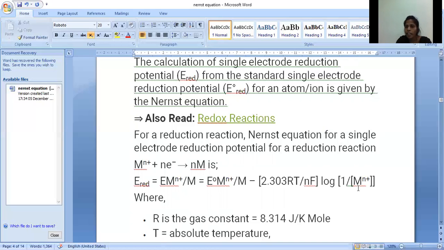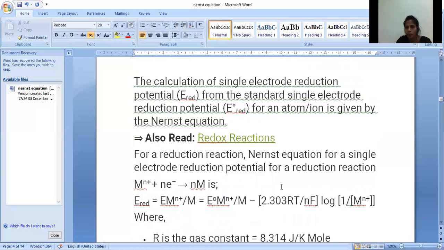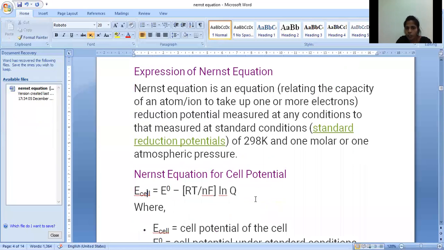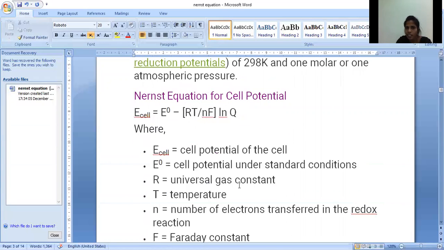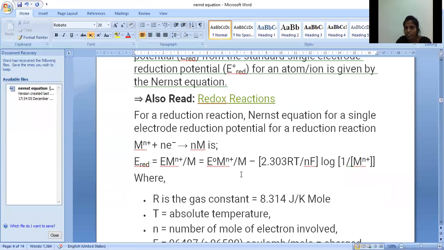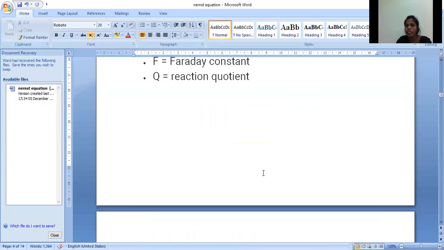Here 1 by [M^n+] is nothing but Q. So there is a lot of difference between that reaction and this reaction. In the place of E cell, we have written E M^n+/M equal to E naught M^n+/M minus, what do we need to write there?